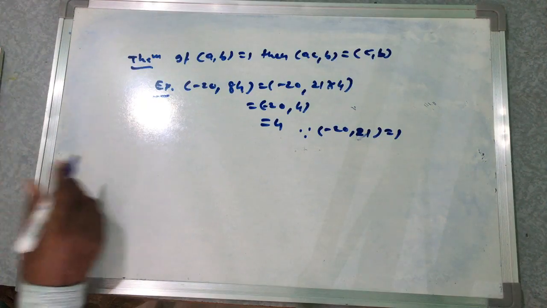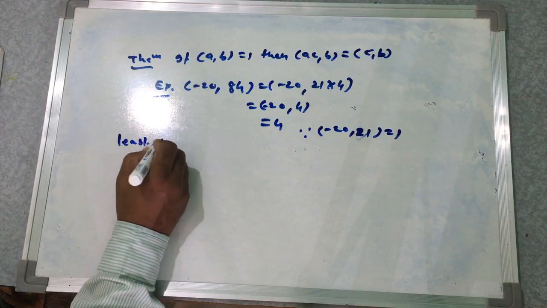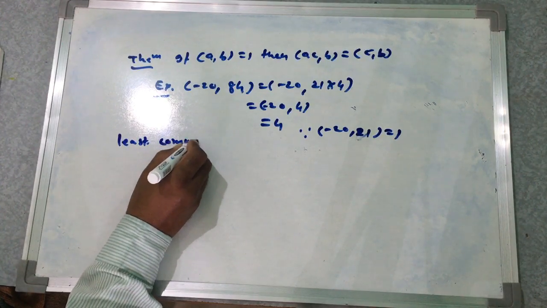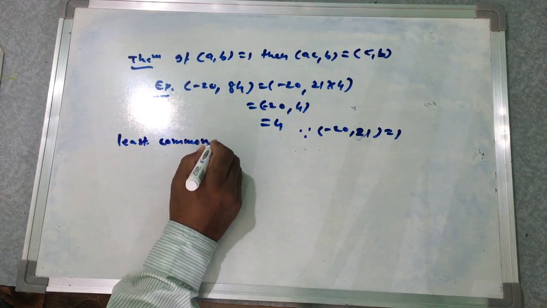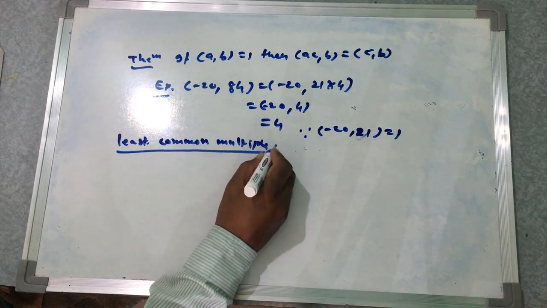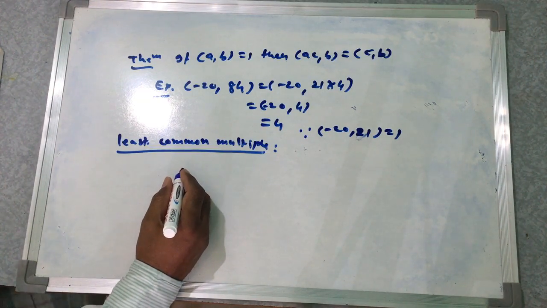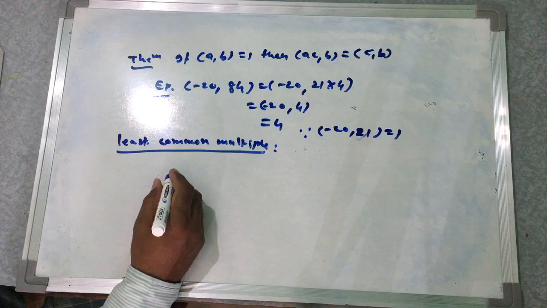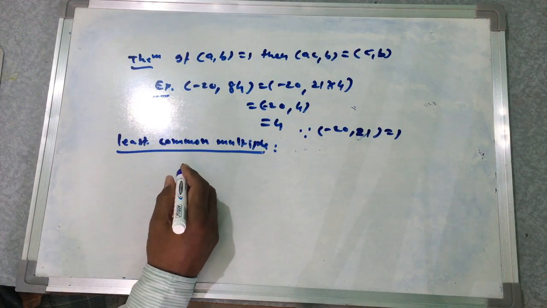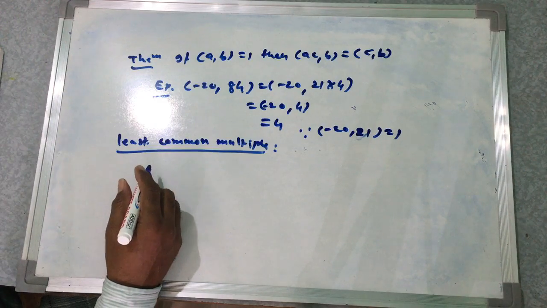Now the least common multiple. Given integers, not all 0, there is associated a unique integer called the GCD of these numbers.